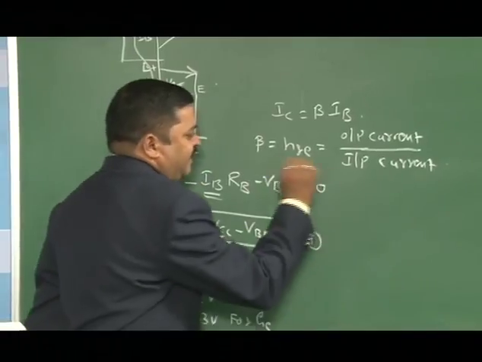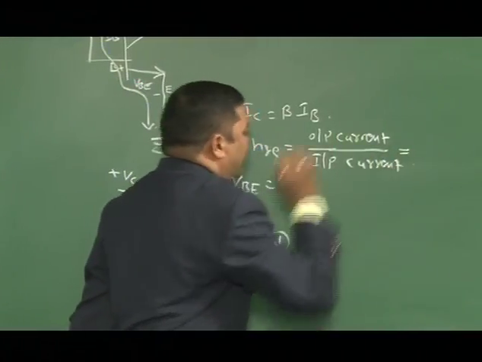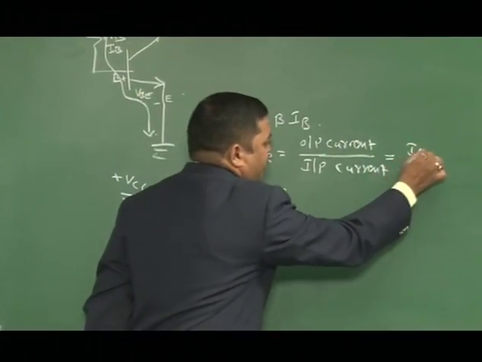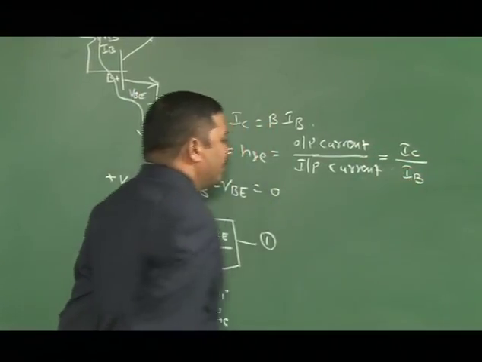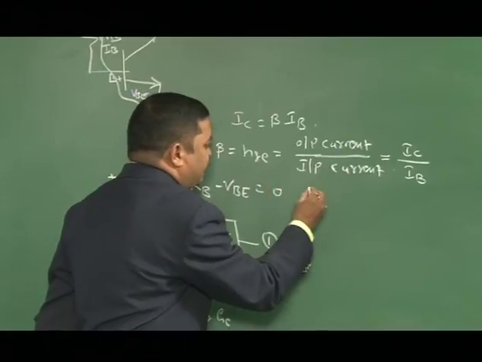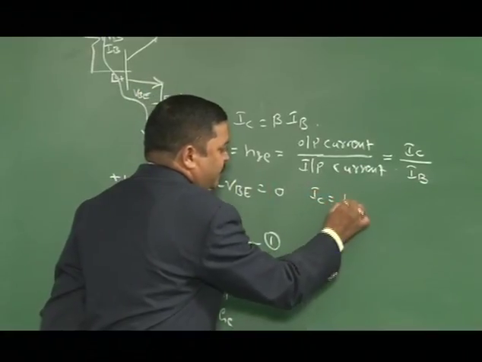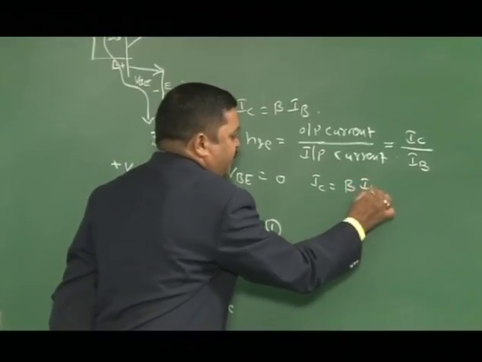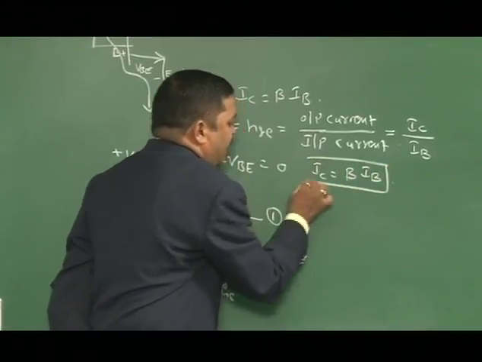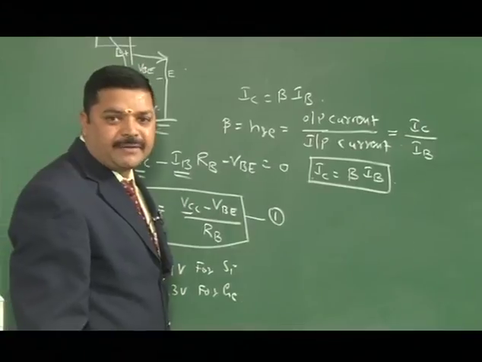So output current in CE configuration will be IC, and input current in CE configuration is IB. Therefore, what is IC out of this? IC is equal to beta or HFE into IB. So therefore IC is given by beta into IB.